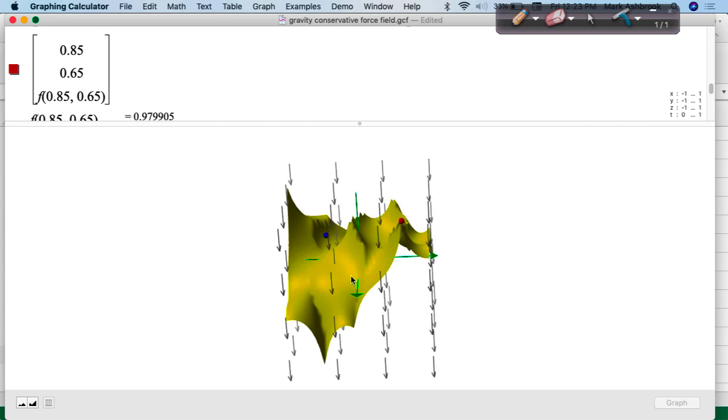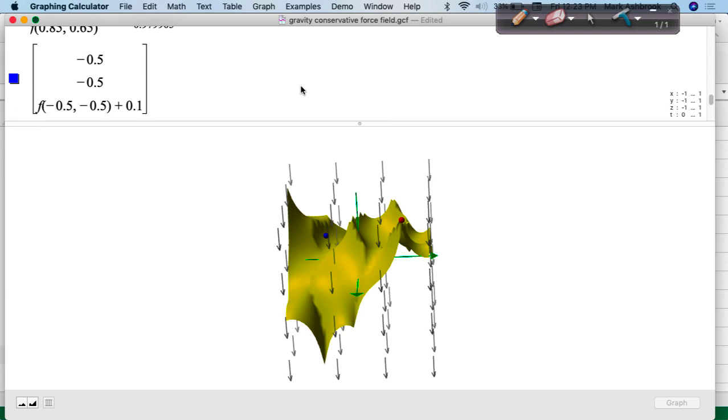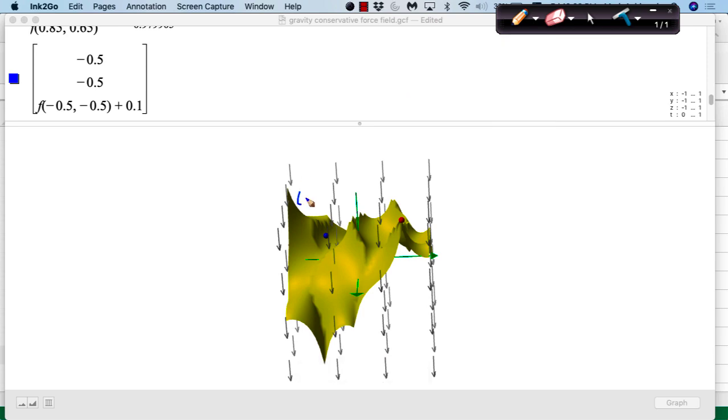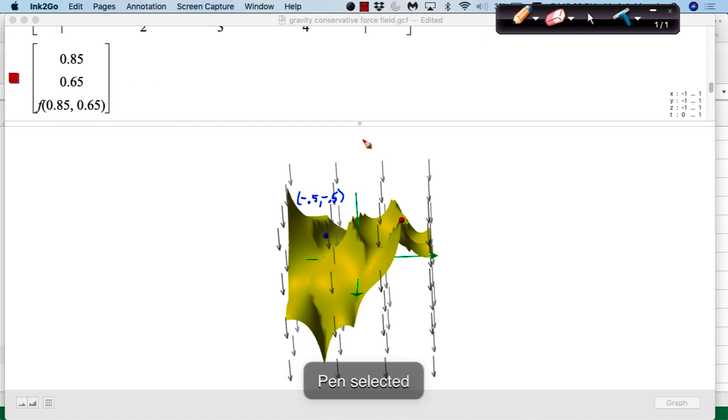That's a better view there. Okay, so we're going to start at the point where x and y are negative 0.5, negative 0.5, and then whatever the function value gives us. And then the final point is going to be at positive 0.85 and positive 0.65, and then whatever the z value is. So those are just the x and y coordinates of those.